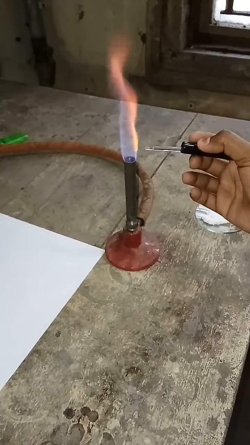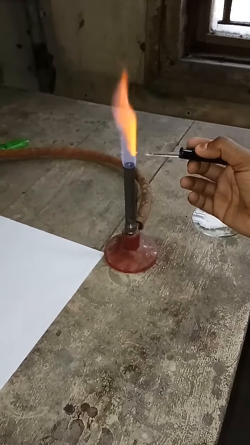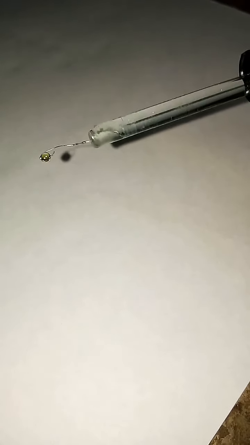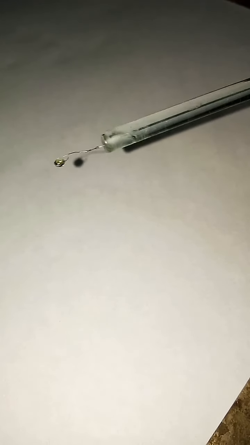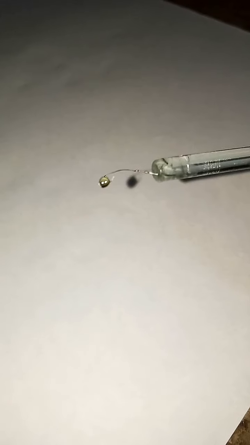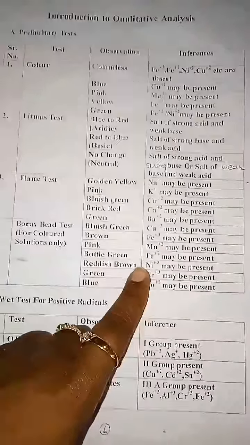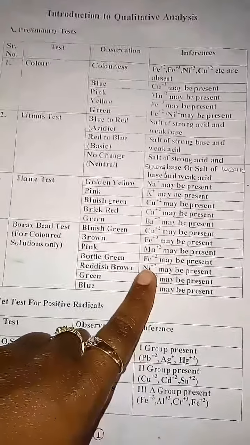For the borax bead test, you have to give a strong heating. Now we will observe the color of the bead. You observe that the color of the bead is green, or you can say bottle green. So in your observation, write down the color of the bead is bottle green. So Fe+2 may be present.